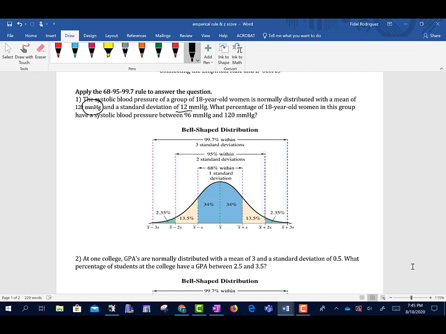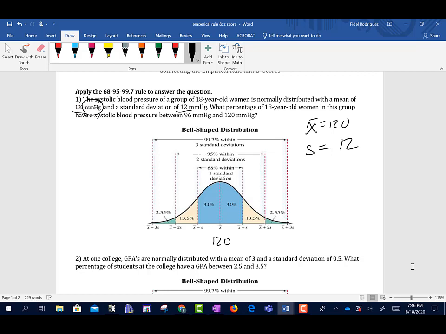The first question says, what percentage of 18-year-old women in this group have a systolic blood pressure between 96 and 120? We know the mean here is 120, right here in the middle. My X bar is 120 and my standard deviation is 12.